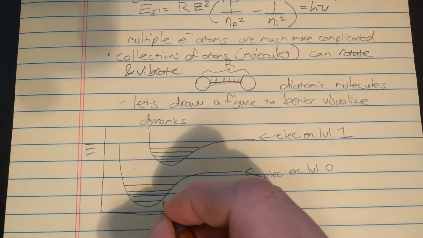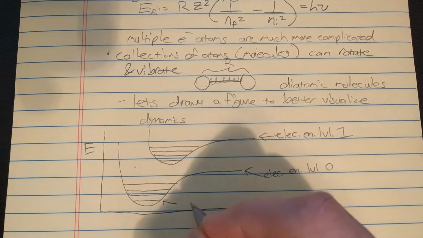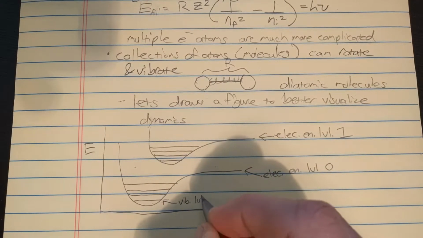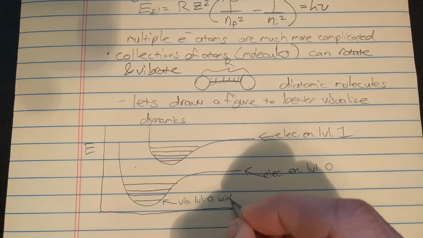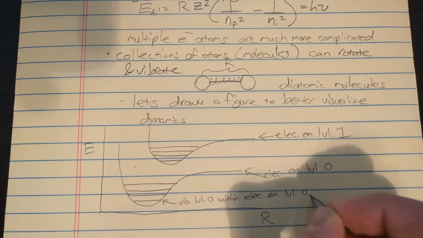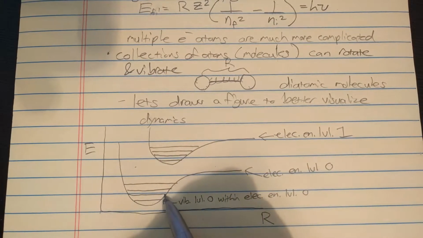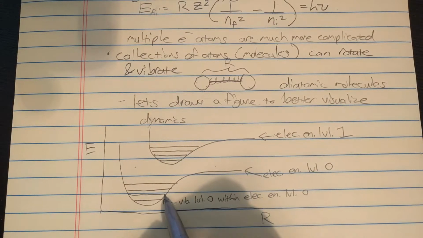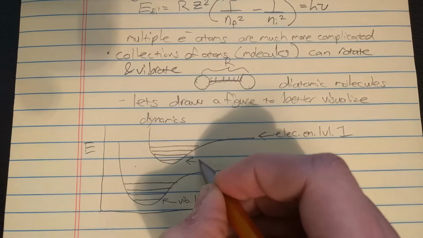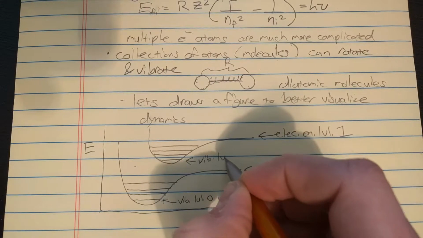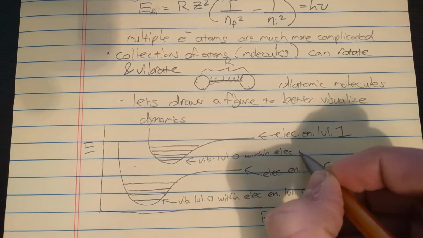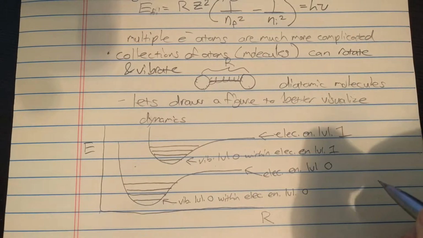So this one right here would be vibrational level 0 within electronic energy level 0. Similarly, this line right here would be vibrational level 1 within electronic energy level 0. This one right here is vibrational level 0 within electronic energy level 1. Makes sense, right?